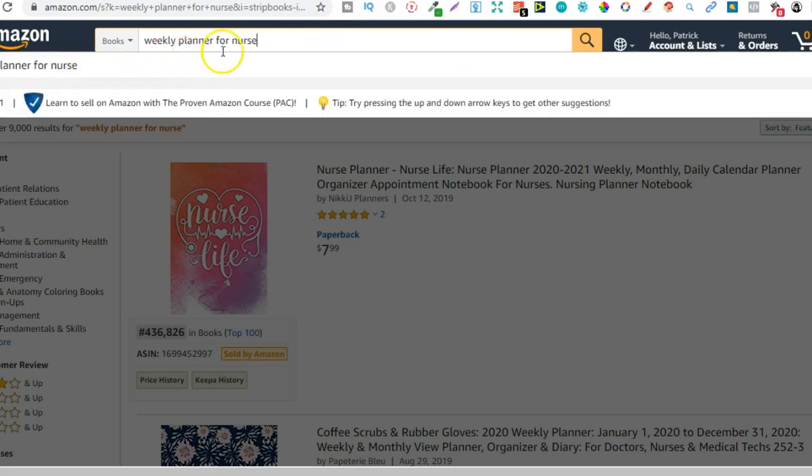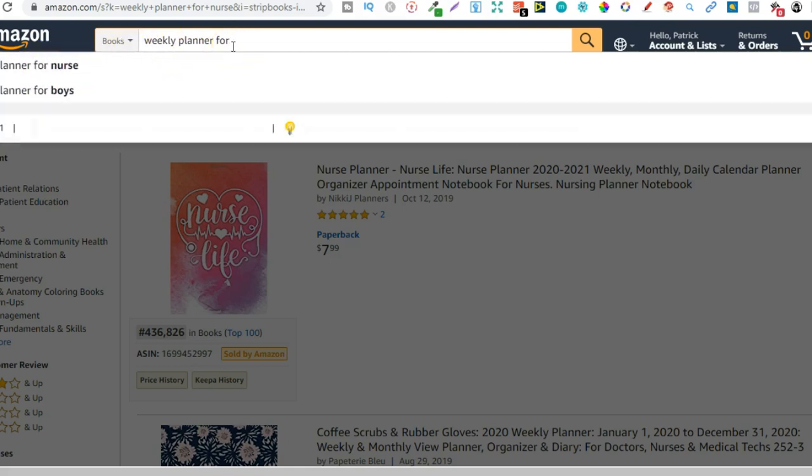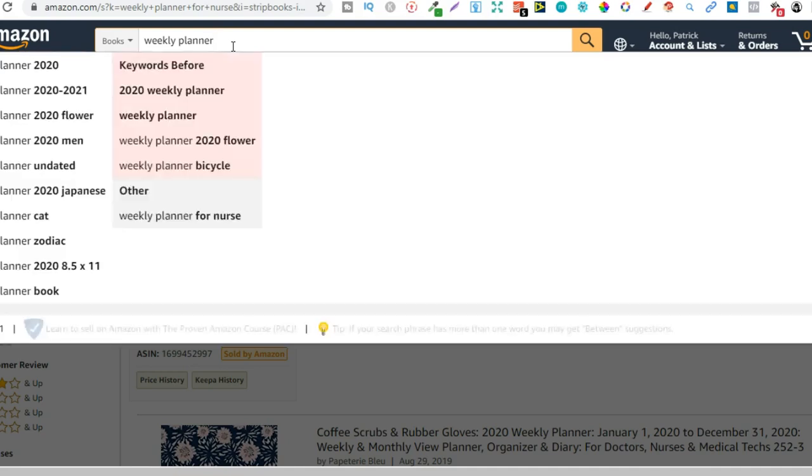Now Amazon auto populates this with suggestions because that's what people are actually searching. So there's people on Amazon right now searching for a weekly planner 2020 flower, weekly planner for nurse. This is research. This is data that Amazon gives you, and tells you what people are actually searching.